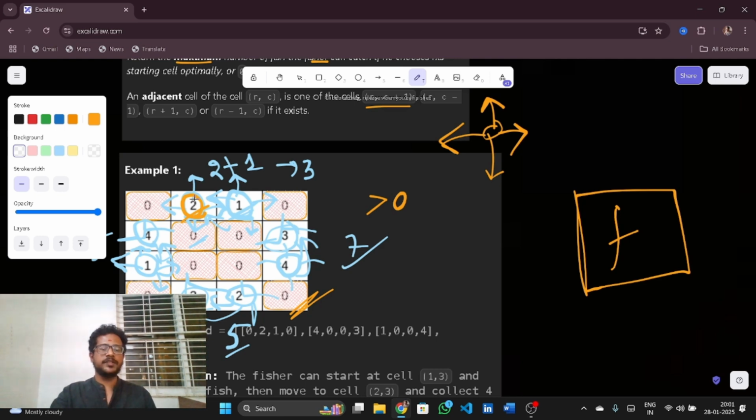If I visit a cell which has a value greater than 0, I mark that cell as true. After that, I will have a vector of vectors storing the directions. Now I'll iterate through every direction and make sure that the fishes are caught at the cell.